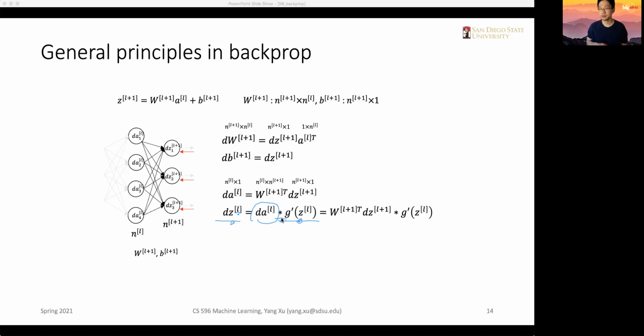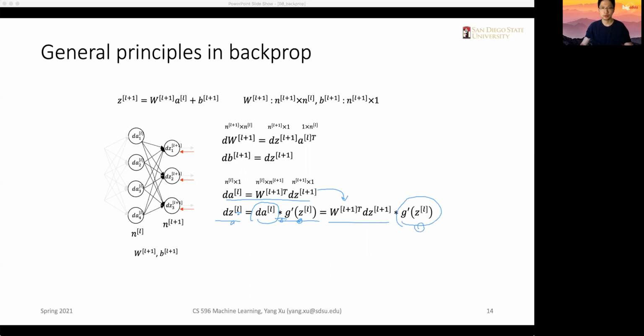This multiplication is an element-wise multiplication, not a matrix multiplication, so it is not that complicated. We don't need to consider dimensions in this case. We can just copy the DAL, which we just computed, times the derivatives of the activation functions.